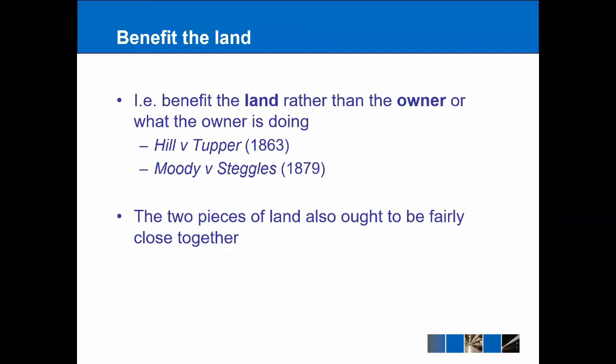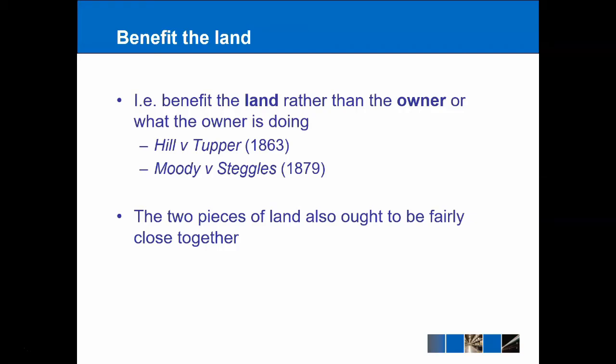Now, this is interesting because it's in contrast to Moody and Steggles, which is the second case I've put up there. And here the right was to put a sign up for a business on a piece of land. And you might be thinking, looking at the last case, well, that sign isn't really an easement as such because it's really benefiting the business or benefiting the owner rather than benefiting the land itself.